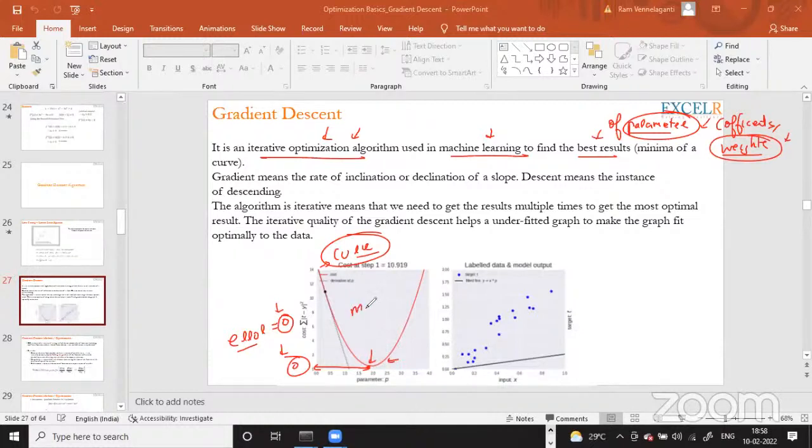What are your values for slope and intercept? And these values are going to be considered as the best values for my equation, which can minimize my error to 0.